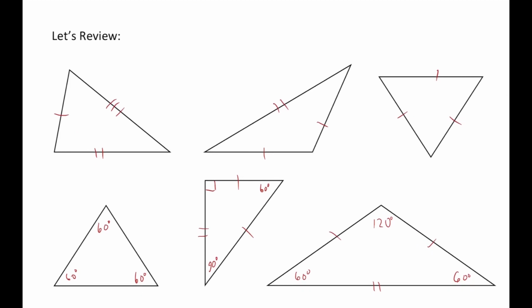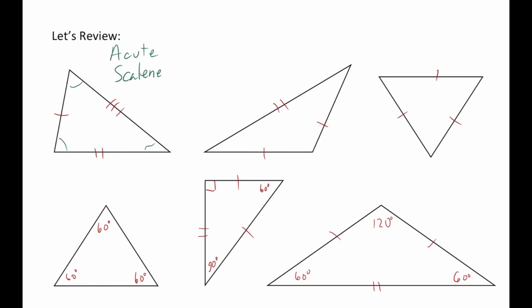So let's review, let's look at a few different types of triangles, and let's see if we can classify these. I want to give each of these 2 names. I want to classify them by the sides and by the angles. So first off, looking here, I have my congruency marks showing that I have 3 different side lengths. So I know that this is a scalene triangle, and looking at the angles, acute, acute, acute, this must be an acute scalene triangle.